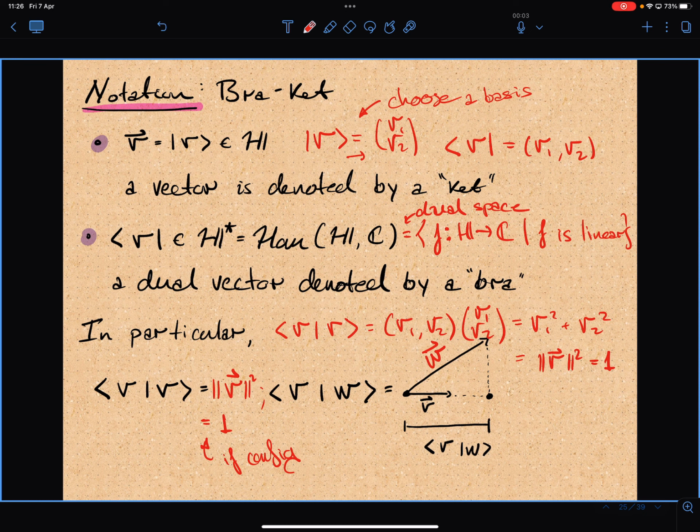I think it's more math notation, and maybe you're more familiar with this notation for dual spaces. The thing about this notation is that it stands for linear maps from H to C, but it actually generalizes a bit more, where you can have another vector space here.